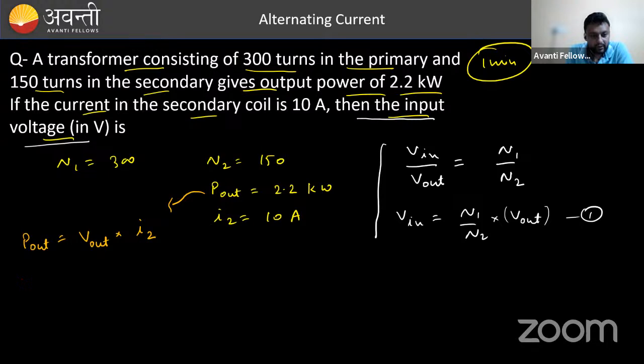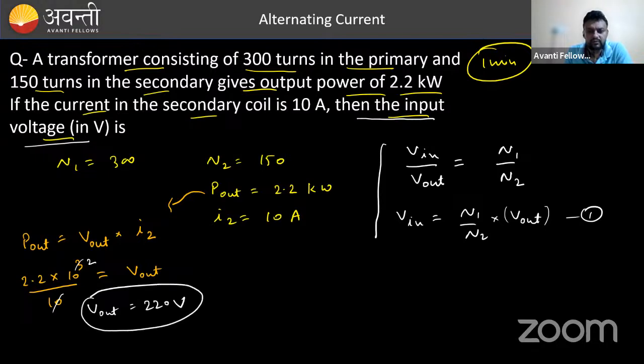P out is 2.2 into 10 to the power 3 is equal to V out into I2. I2 is what? 10. So if you simplify it, the zero cancels and 2 power will be remaining. So V out is coming out to be 220 volt.